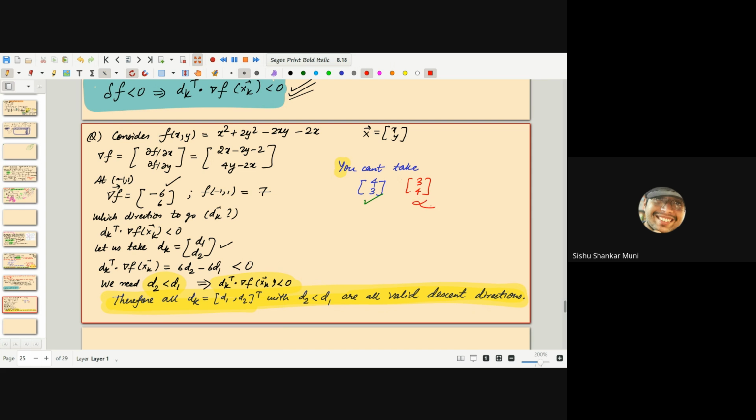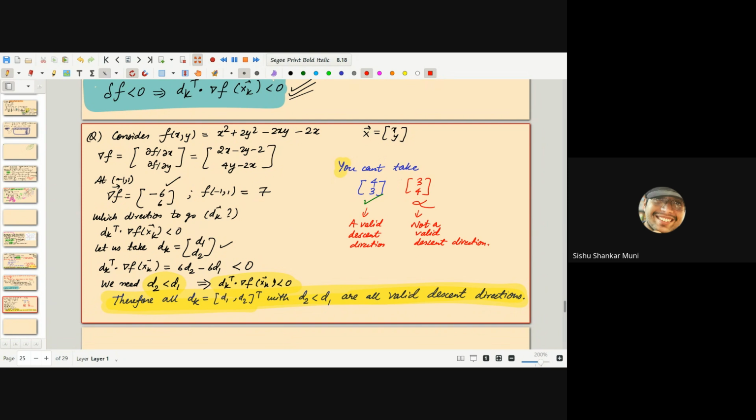You cannot take this because d2 is not less than d1. Okay, so this is a valid descent direction. However, this one is not a valid descent direction. Okay, I hope this example gives you an intuition how descent direction works.